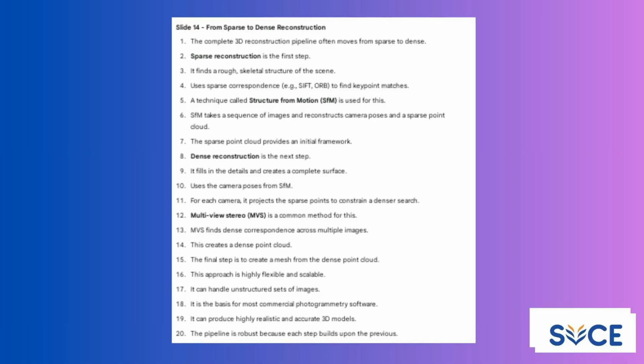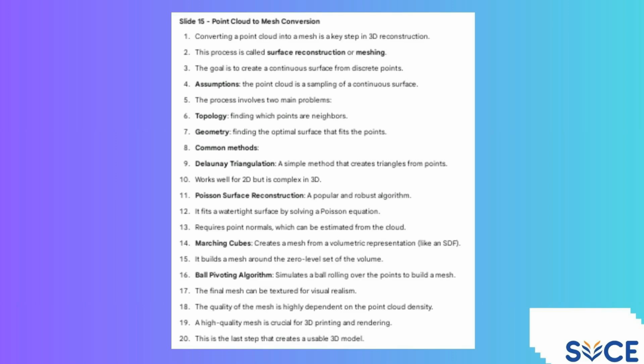In the next topic, we are going to see about point cloud to mesh conversion. After we have created a dense point cloud, the next step is to turn it into a solid, continuous surface that we can use for things like 3D printing or rendering.